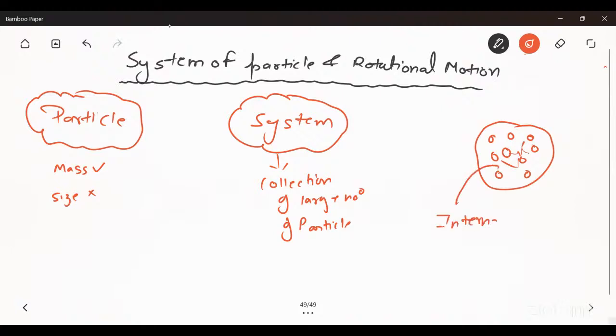Internal force means the force exerted by the particles on each other. Next is external force. External forces are those we apply from outside to the system, from outside of the body.